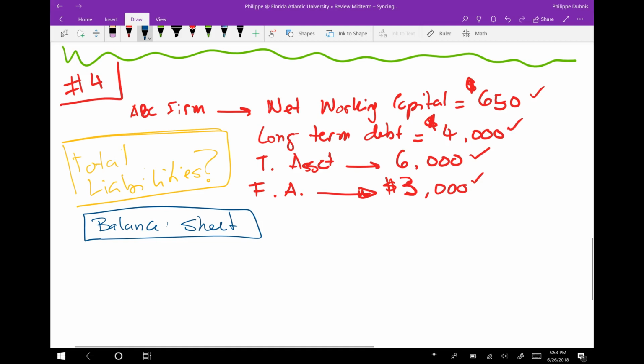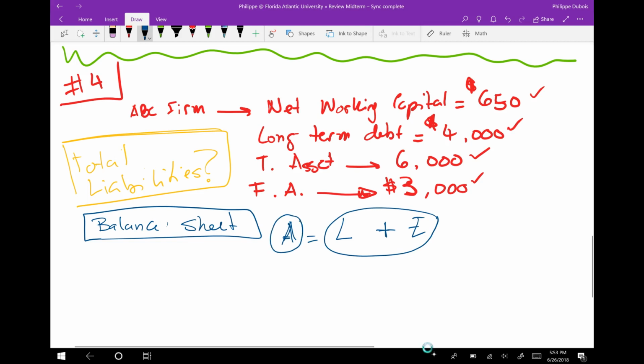And what is the balance sheet identity formula? It says that all your assets will equal your liability plus your equity, right? Asset equals liability plus equity. Always the right side will always equal the left side, right?